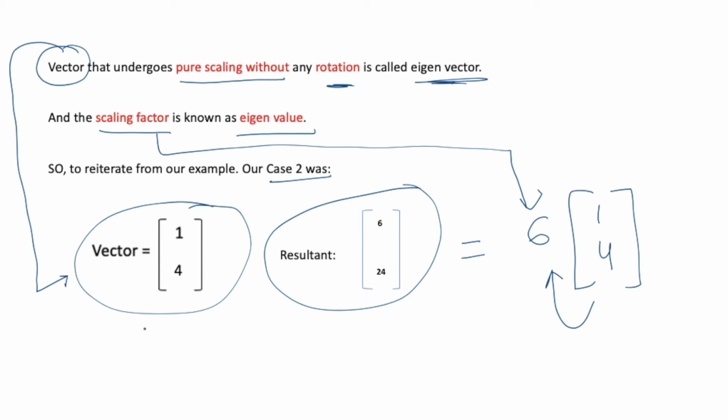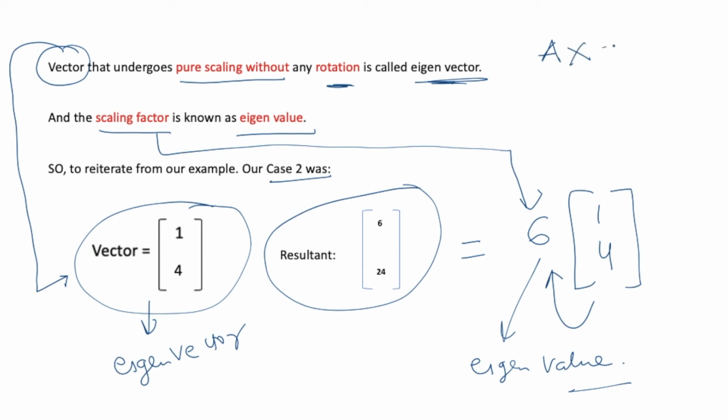So this vector is our eigenvector and this scaling factor is the eigenvalue. Usually in books you'd be seeing lambda x. This x is nothing but the eigenvector, and this lambda is the eigenvalue, the scaling factor.